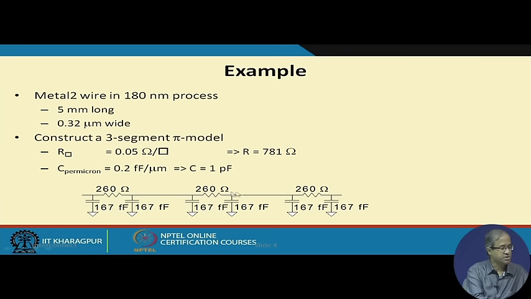So, 260, 260, 260, and this 1 picofarad divided by 6 comes to 167 femtofarad approximately. Each of these capacitors will be about 160, because if you add them up, it will be 1 pF. This is how the model is created. Once the model is created, there are several ways to simulate. SPICE simulation can be done, or other very quick estimation of delay can be done from this model.